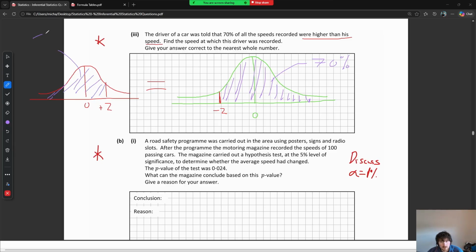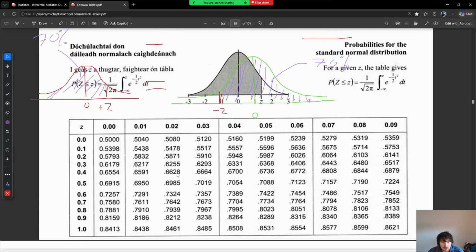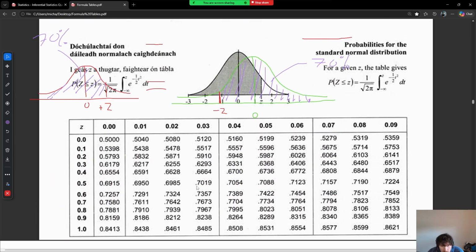So that's how we do it. We're going to read off what the positive z-score is that has 70% below it, and then change its sign, because then that z-score would have 70% above it, which is the one we want. So go to our tables book. Who has 70% below them? So you see it's kind of in between this value here.